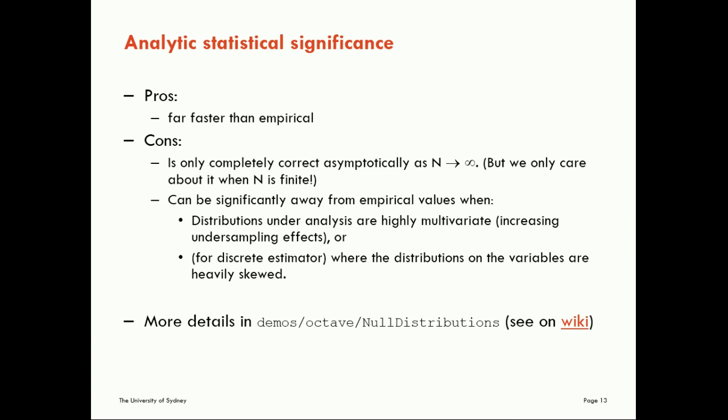And if you want an estimate as good as you can get on that null distribution, you really do need to go to the resampled empirical calculations for it. So you've got that trade-off there between computation time and precise accuracy to bear in mind.